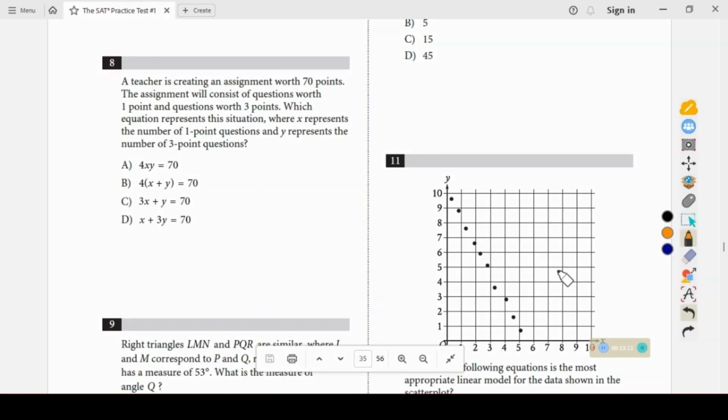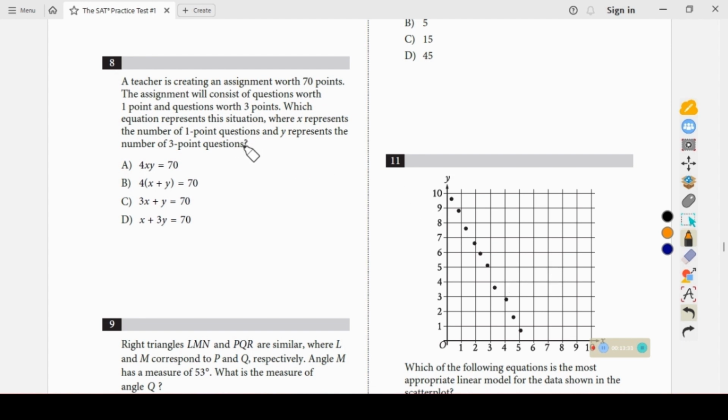In question number 8, a teacher is creating an assignment worth 70 points. The assignment will consist of questions worth 1 point and questions worth 3 points. Which equation represents the situation where x represents the number of 1 point questions and y represents the number of 3 point questions?